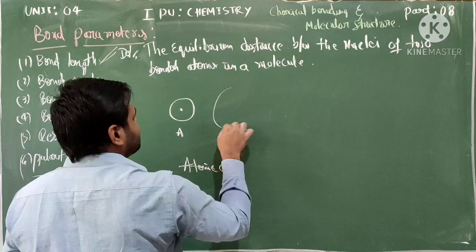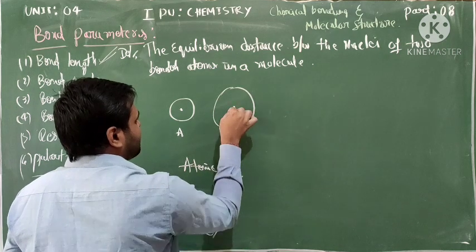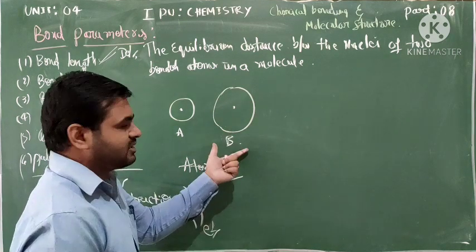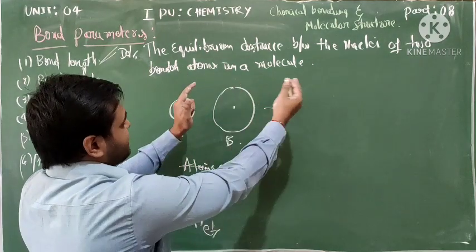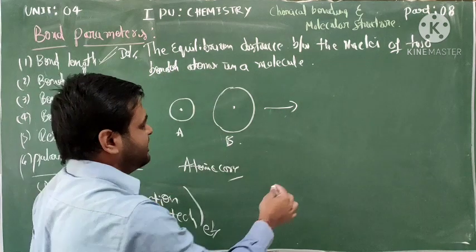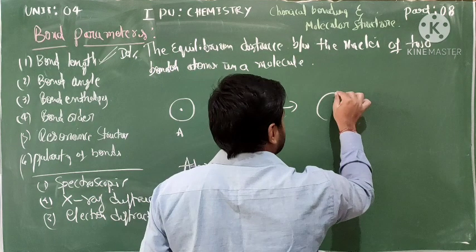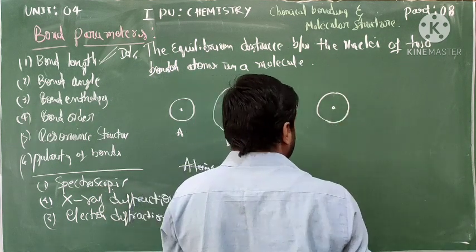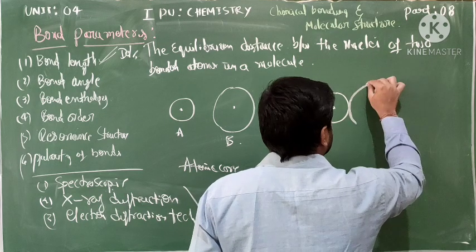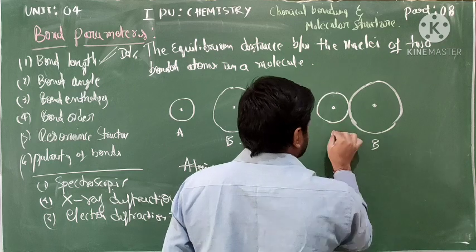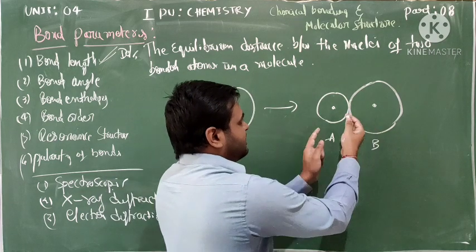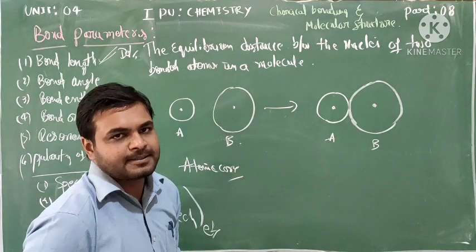Another one is atom B. Both combine to form a bond. This is atom A and another one is atom B. Both were joined to get a bond.